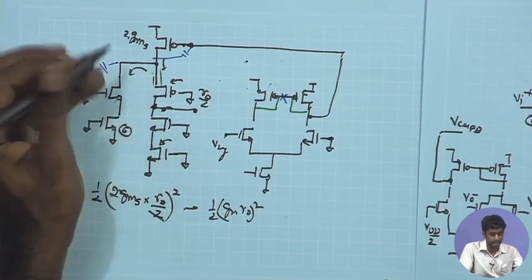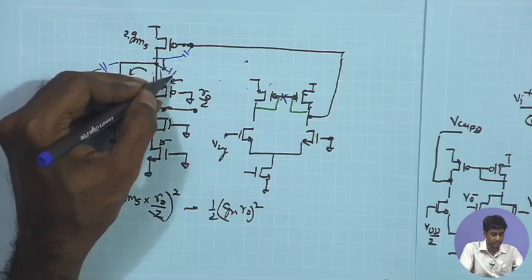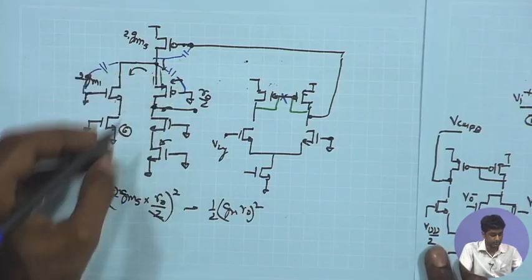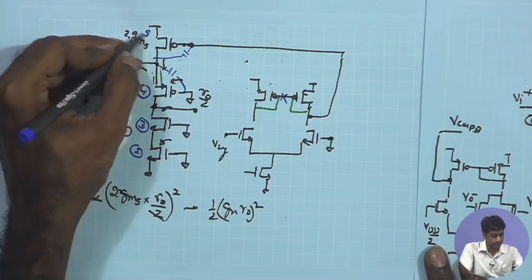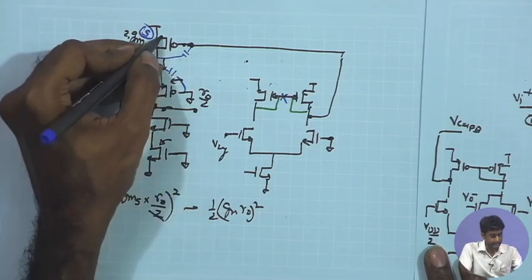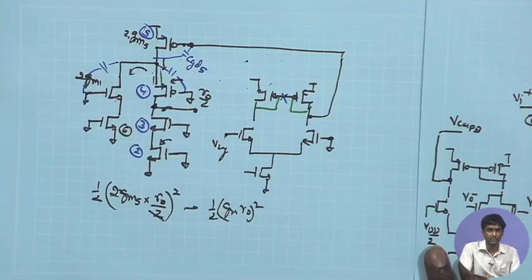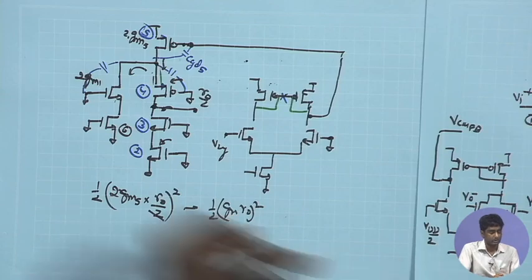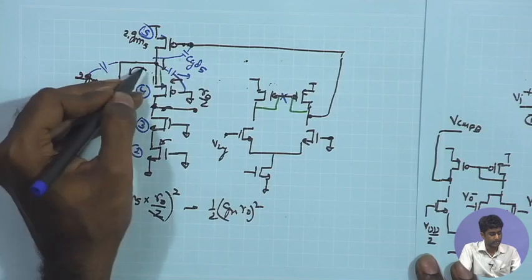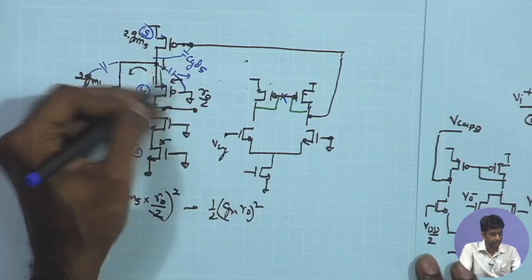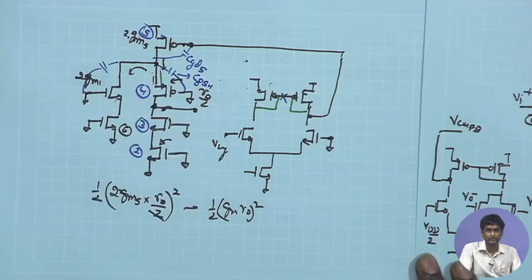If I look at, say, the CGS of the second MOSFET over here, let me just copy the numbers once again. This was 2, 3, 4 and 5. So this is basically CGD of 5, which is experiencing a Miller multiplication of the factor gm ro. This capacitance, however, if I see, is just CGS of the M4, so I can call this CGS4, which is going to appear as it is.